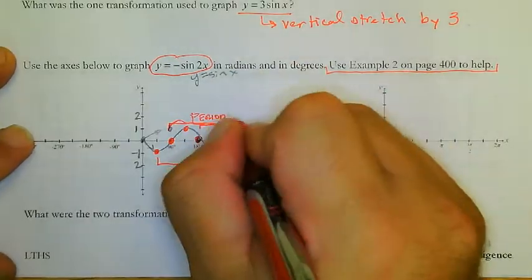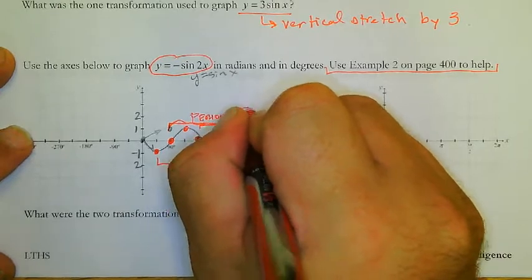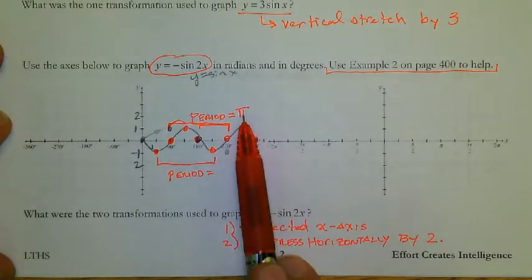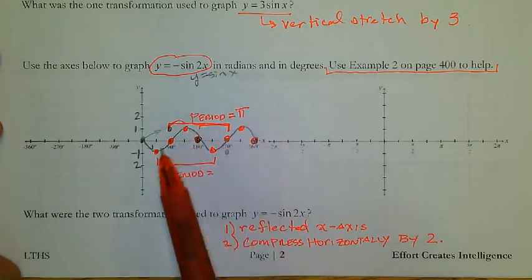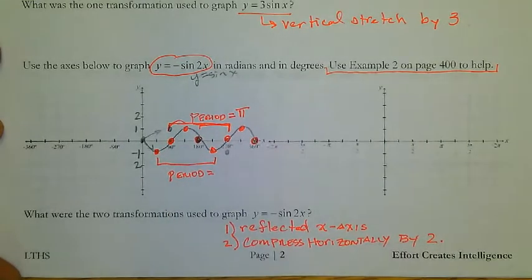So the period in this case is going to be pi, because pi is half of 2 pi, right? That's how much distance or how much time it's going to take to do one repetition of this.